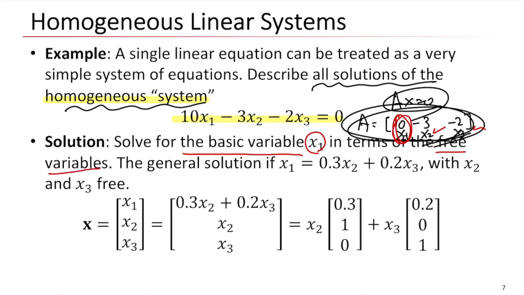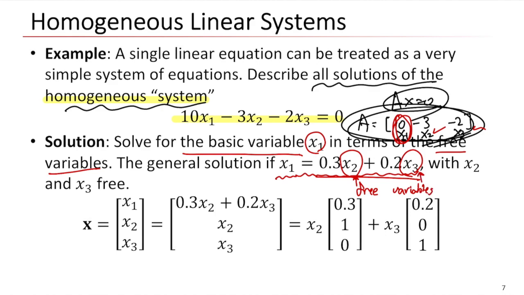So what is that? x1 can be represented like this in terms of x2 and x3. x2 and x3 were free variables, right?